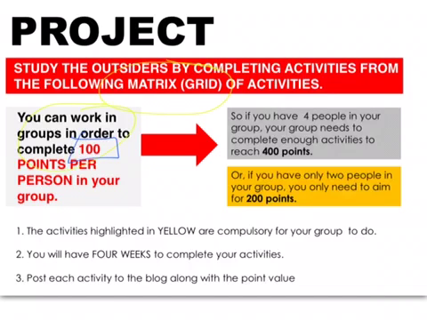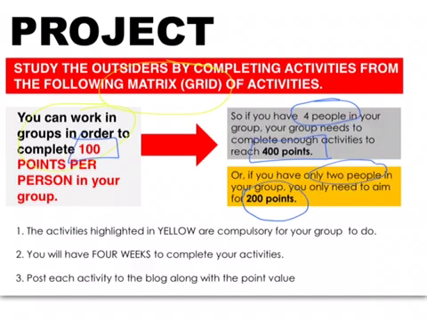So for example, if you decide to have 4 people in your group, you need to reach 400 points between you all. Or if you only have 2 people in your group, you need to aim to reach at least 200 points. So how many activities it takes to get to that point, that's up to what you choose.